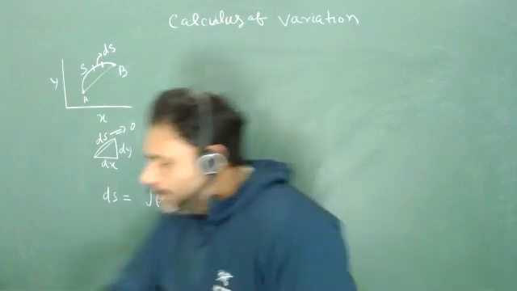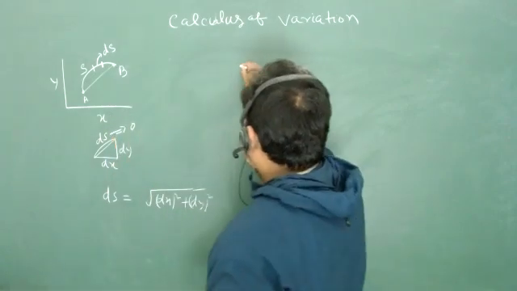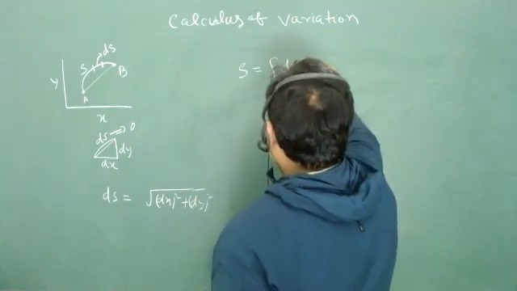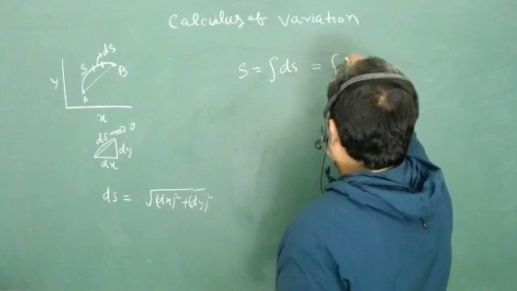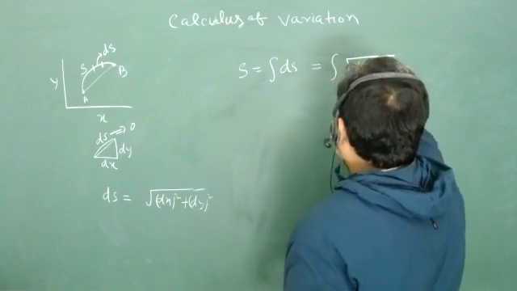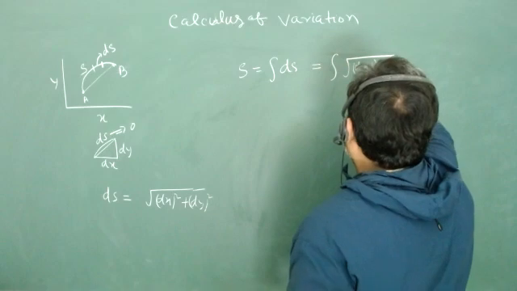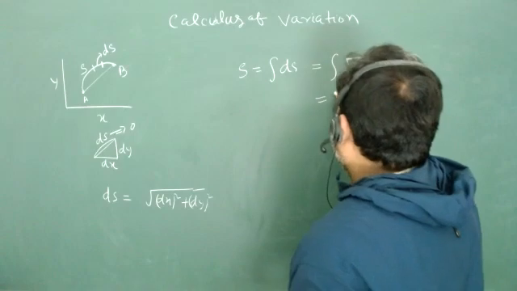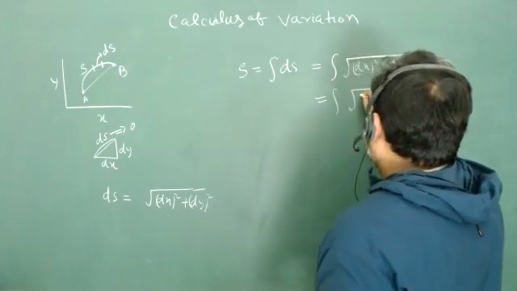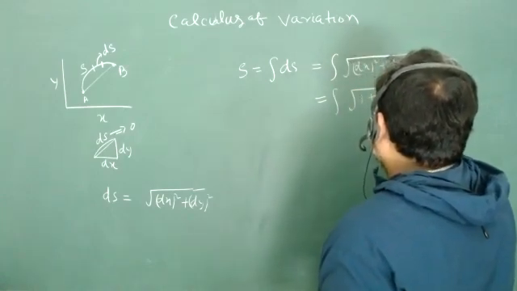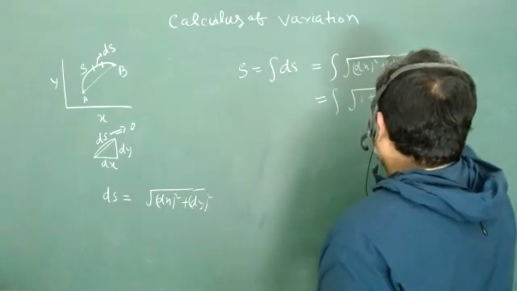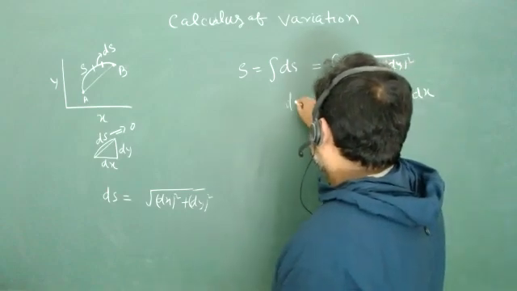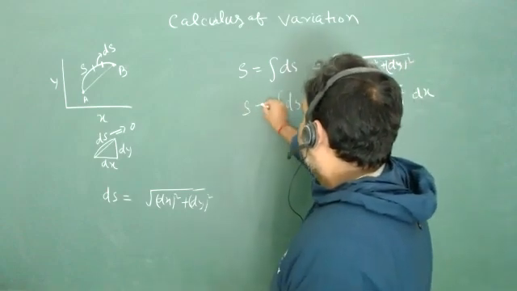What we have is s is the integral of ds, which I can write as the integral of root of dx square plus dy square. I can write this as the integral of root of 1 plus dy upon dx whole square, taking dx as common. So this is nothing but the integral of ds, which will be s.